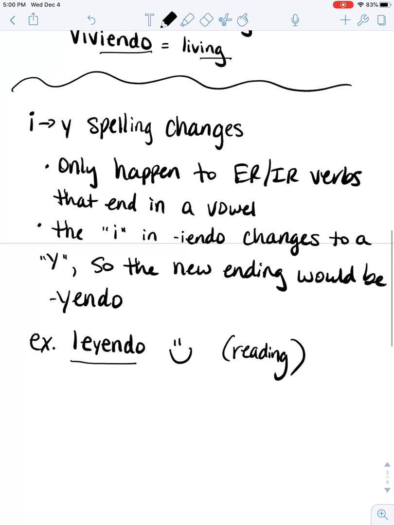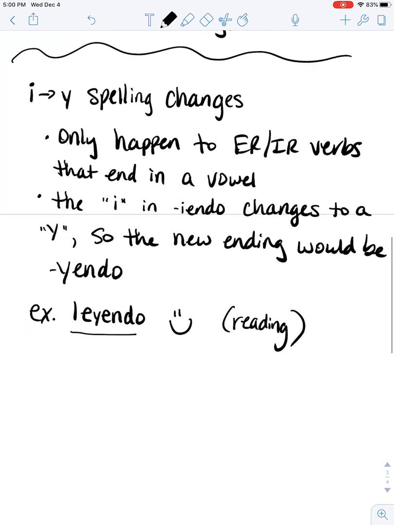Okay. Another example, although not very common at all, the verb ir. All right, if we were to take away the IR, well, we're left with nothing. And then we just get yendo. We just add the ending.